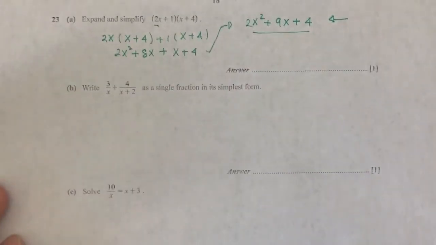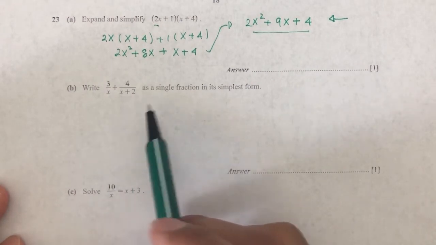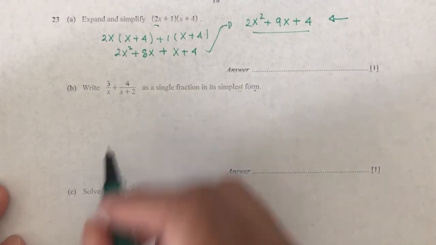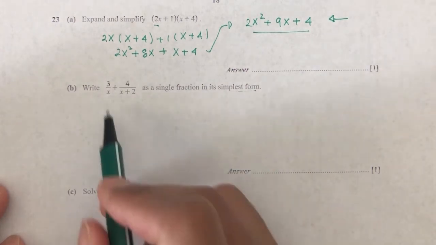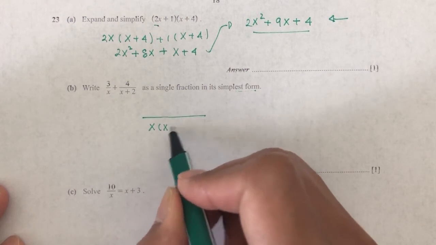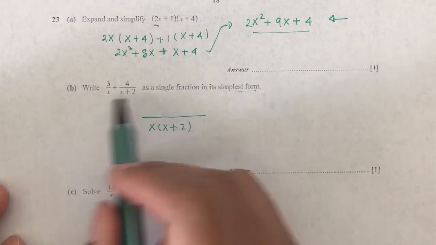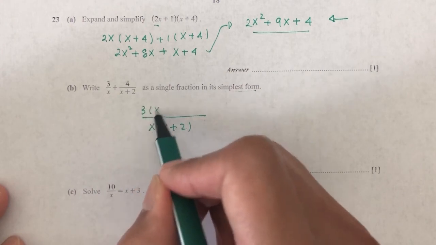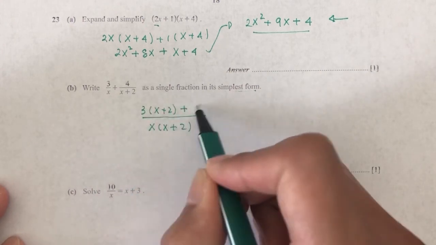So now for part B, write this number as a single fraction in its simplest form. We first have to find the LCM. So it will be x plus 2. So we times those two numbers, and then we cross multiply. So 3x plus 2 plus 4x.